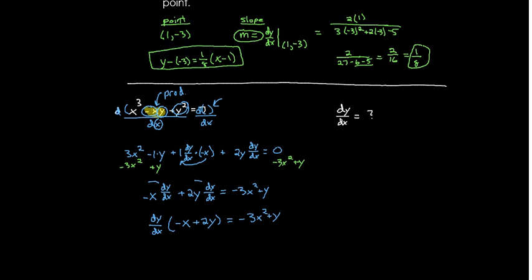And then we can divide both sides by negative x plus 2y. I almost said squared there. That would have been bad. Alright, same thing here, negative x plus 2y.